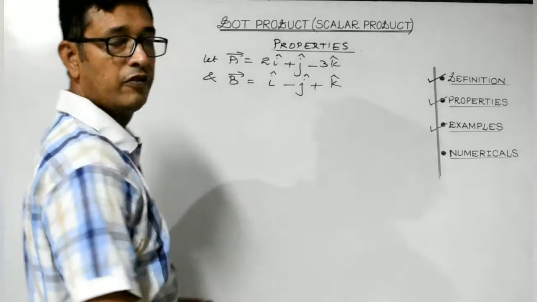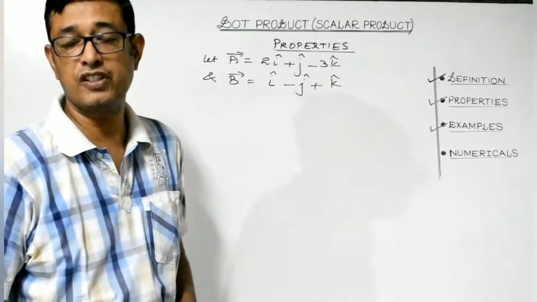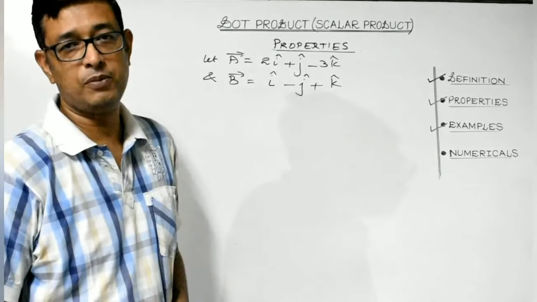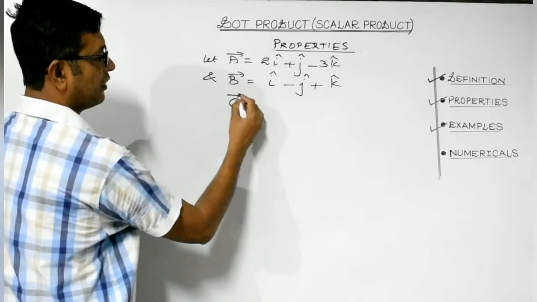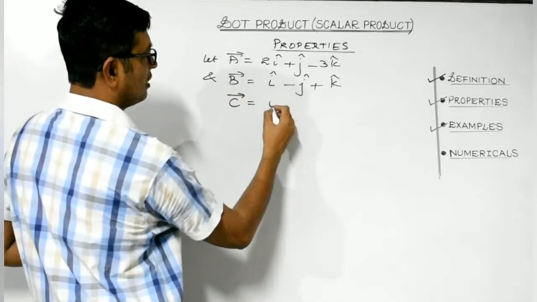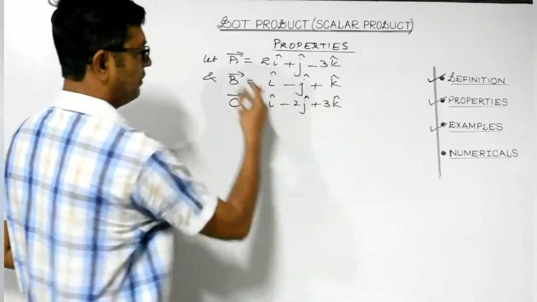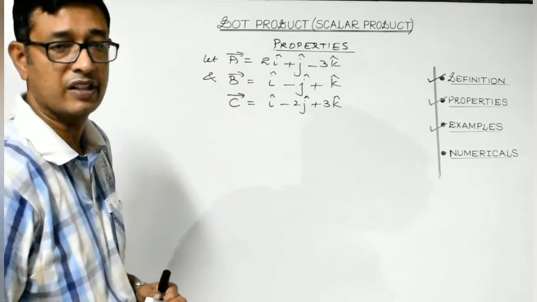Okay, now students, we will verify the property of dot product which is that the dot product obeys the distributive law, right? So for that we need to consider a third vector. Suppose it is C vector. It can be written as i cap minus 2j cap plus 3k cap. Let us consider C vector, and we'll keep the same values of A vector and B vector.